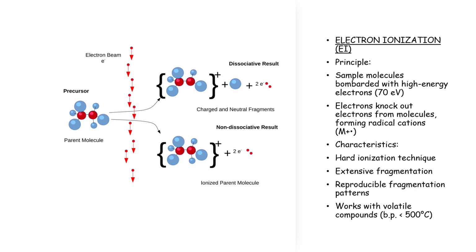So what makes EI really valuable is that we have massive spectral libraries. So you can compare your fragmentation pattern to known compounds and identify what you have. It's like having a fingerprint database for molecules.